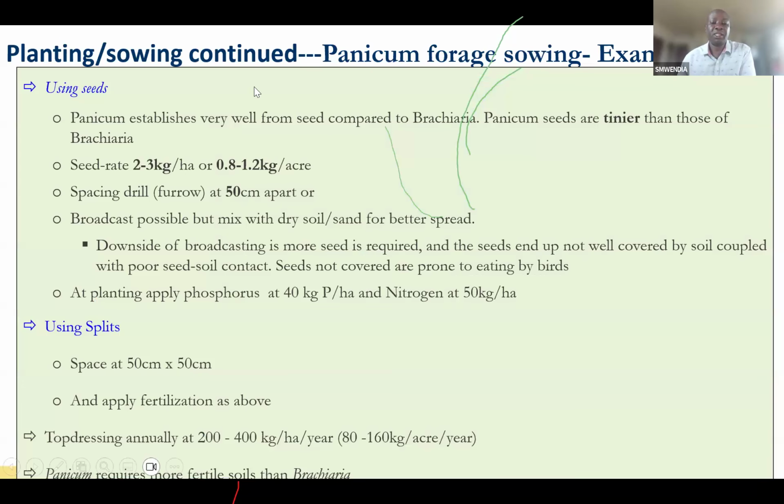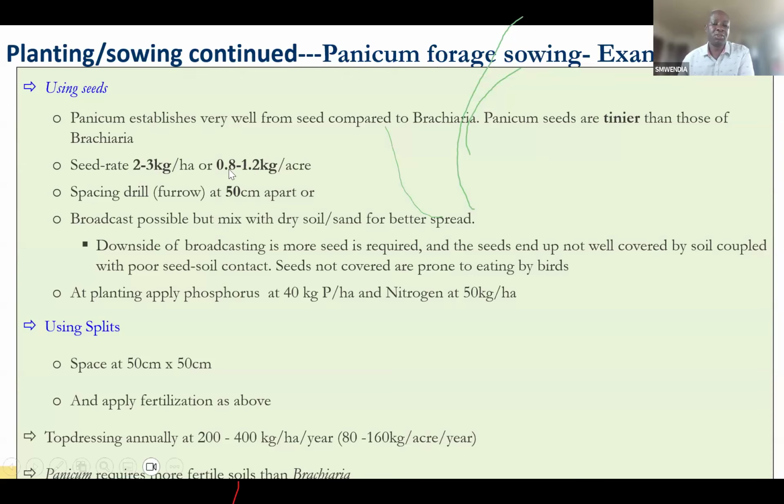Now, if you look at Panicum, the Megathyrsus, as another example, still the land preparation would apply, and the seed rate here is much lower. Per hectare, you can take between 2 to 3 kilos. And for those who are familiar with the Panicum, the seeds are much tinier, and that's why the seed rate actually drops.